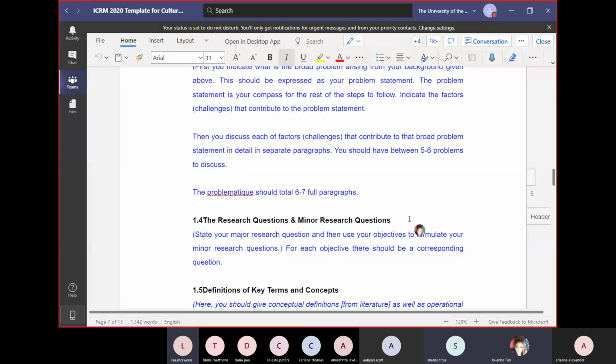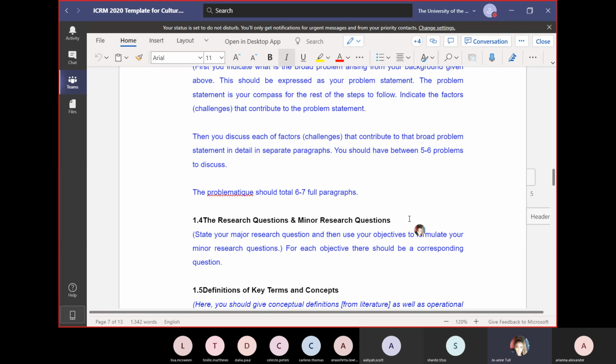So you take each one and you turn it into a question. What are the key perspectives surrounding whatever, to what extent this, how can this? You use the appropriate starter for a question that fits what you are examining there. Do you understand that, class? And each one of them then becomes your minor research question. Everybody gets that?